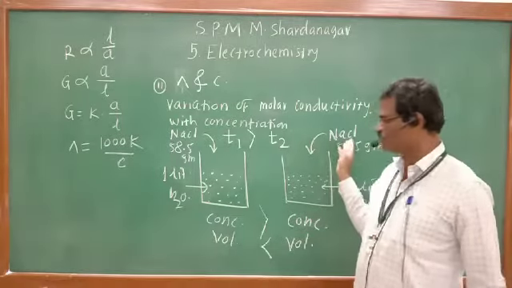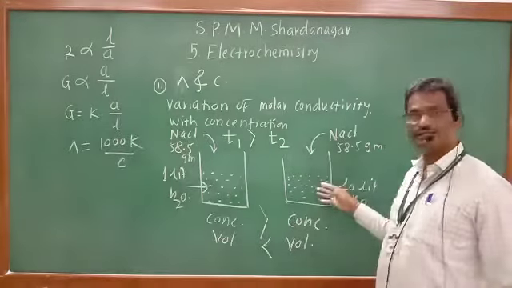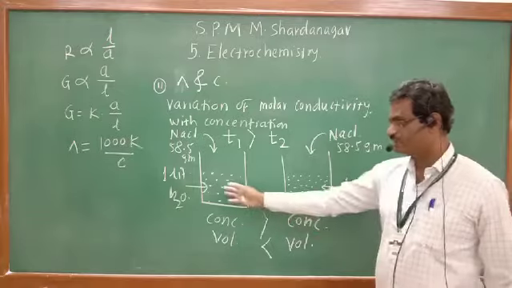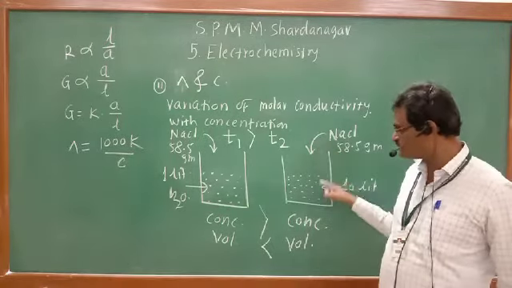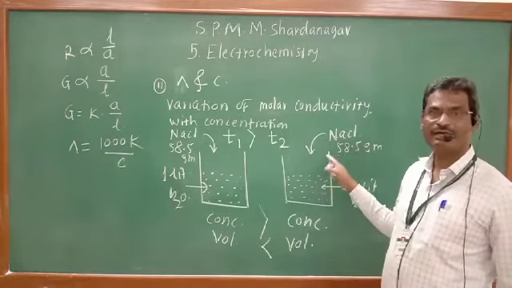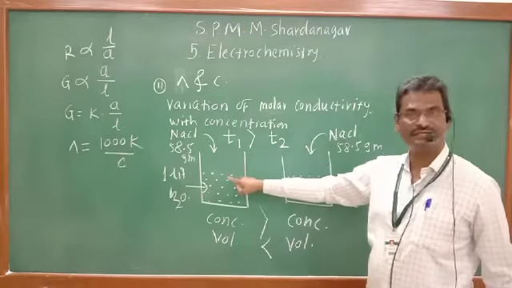Here 1 mole, here also 1 mole, but here number of ions is less, here number of ions is more, because concentration is less, here concentration is more. Therefore here in this case molar conductivity is greater, because number of ions are greater as compared with number of ions in this case.